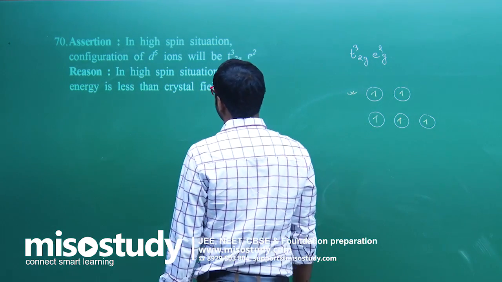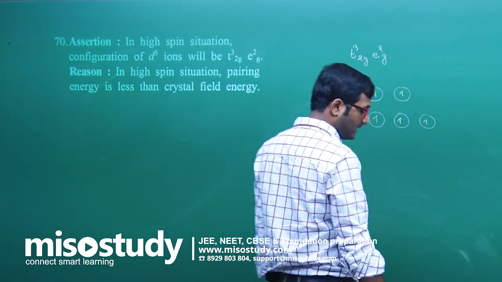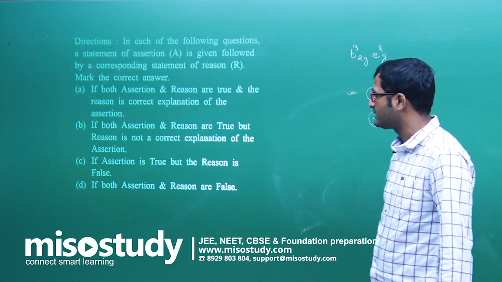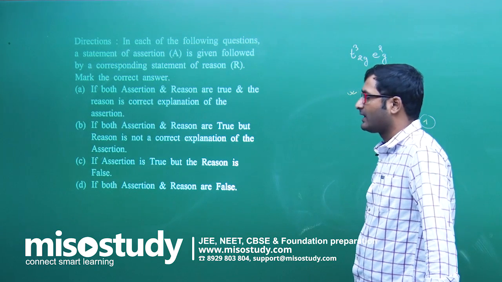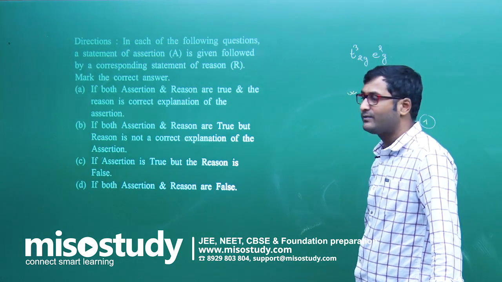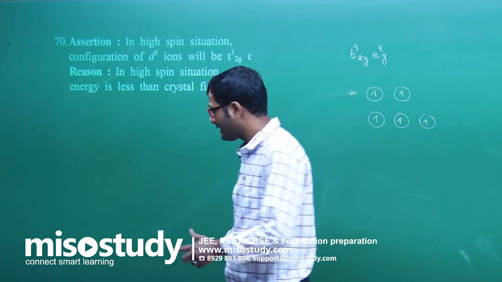In high spin situation, the pairing energy is less than the crystal field energy. Now got it? Now check which one is the correct one. Assertion is true, but reason is not completely true. So we will say that for question number 70, C is the correct one.